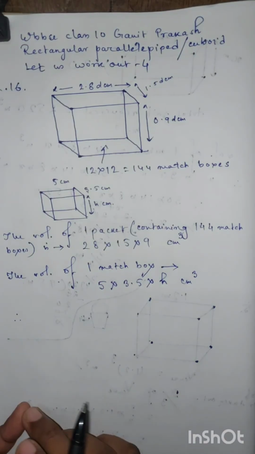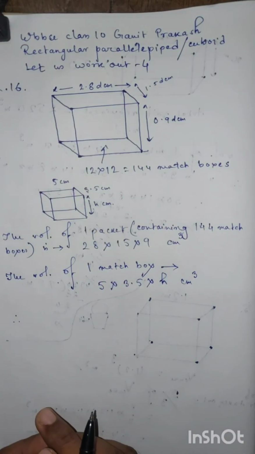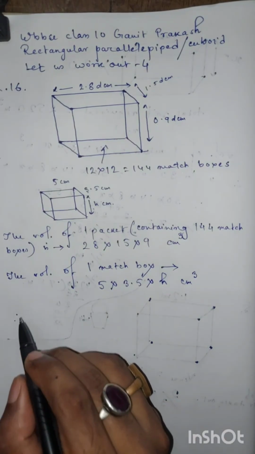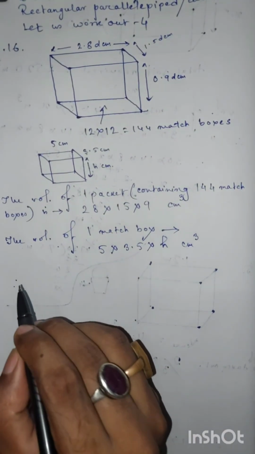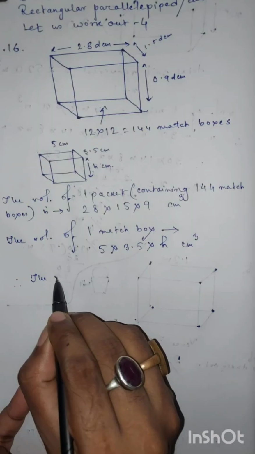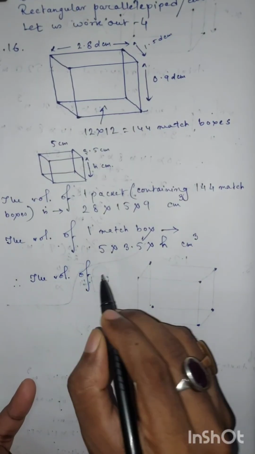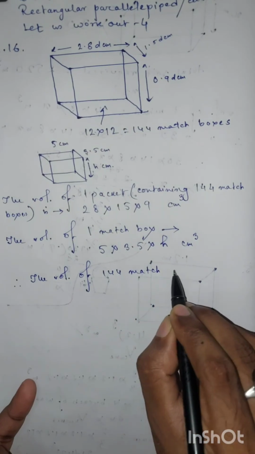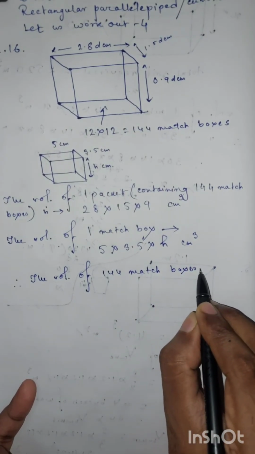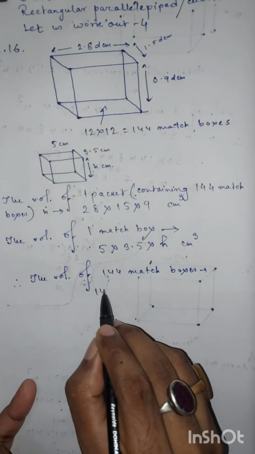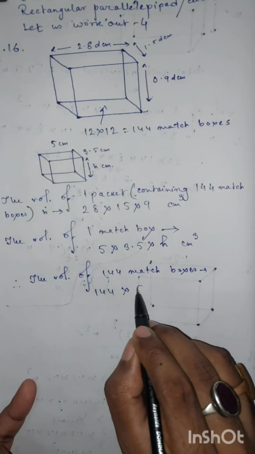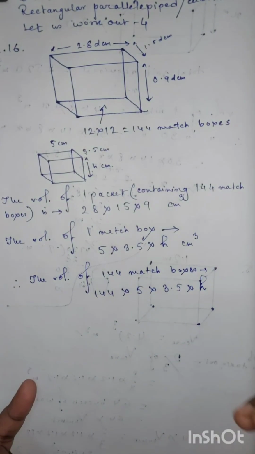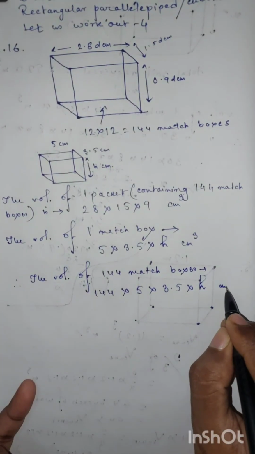Therefore, we can say the volume of 144 matchboxes is equal to 144 into 5 into 3.5 into h centimeter cube.